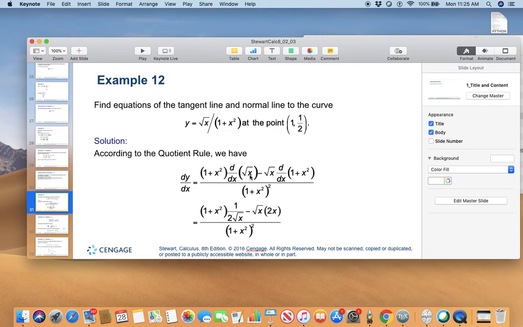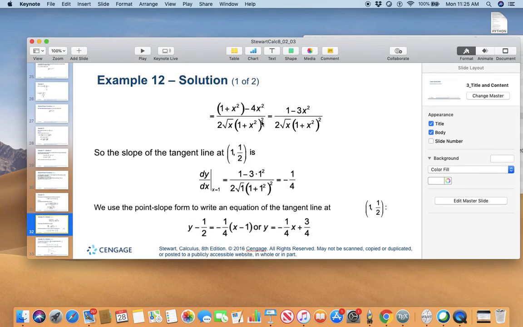This is x to the power half, so that's a fraction, half comes down. You should check for yourself. This is the derivative you get. Minus this, which is fine, and this is 2x. That's fine. When you simplify all that, check for yourself, you get this.